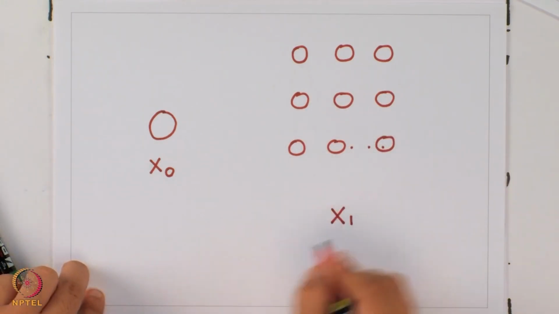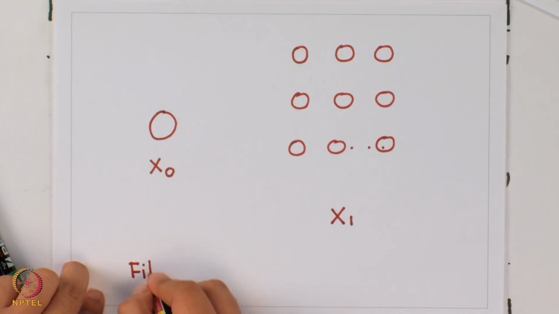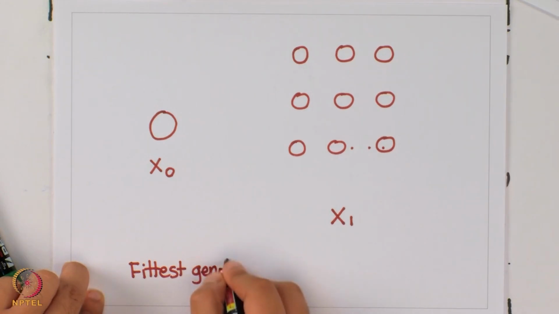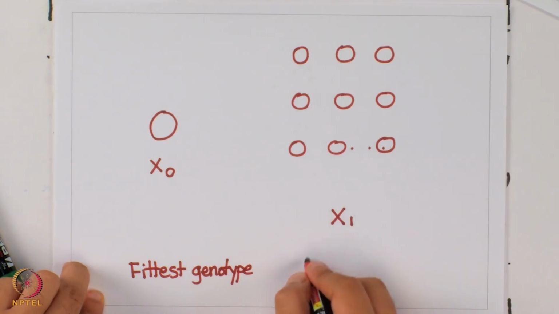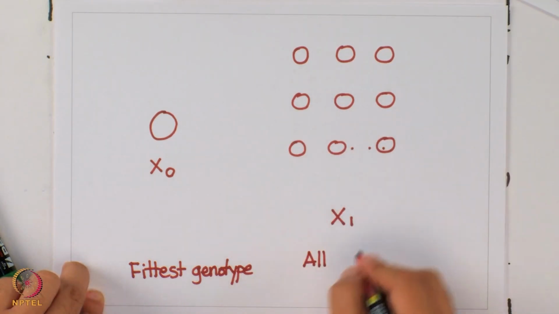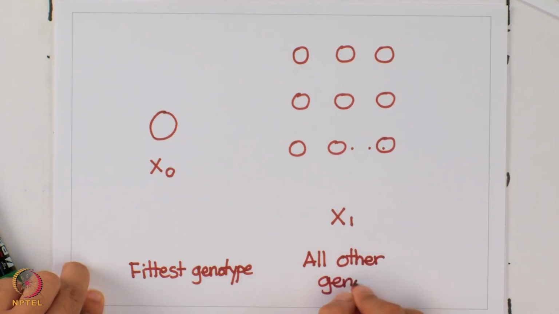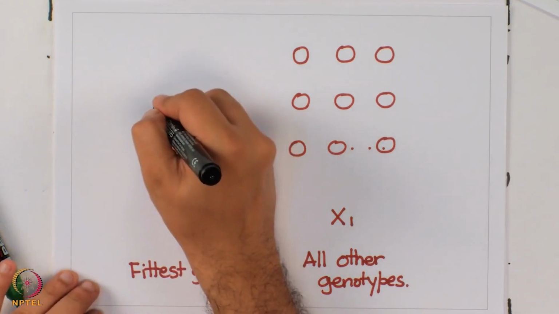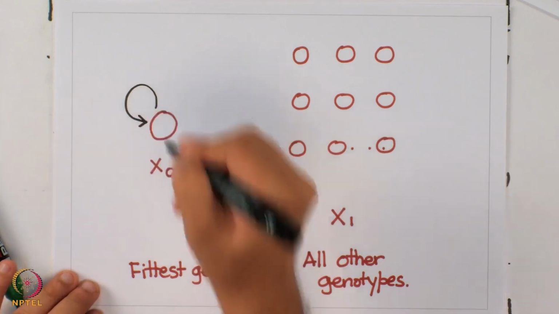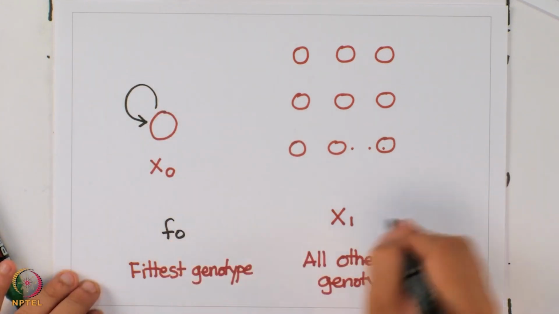These are x1, this is the fittest genotype, and each node here represents a genotype, and together this is all other genotypes. Now, how do we think about this? What is going to happen as division is happening, x naught divides with an enhanced fitness f naught. So, fitness here is f naught, fitness here is 1.